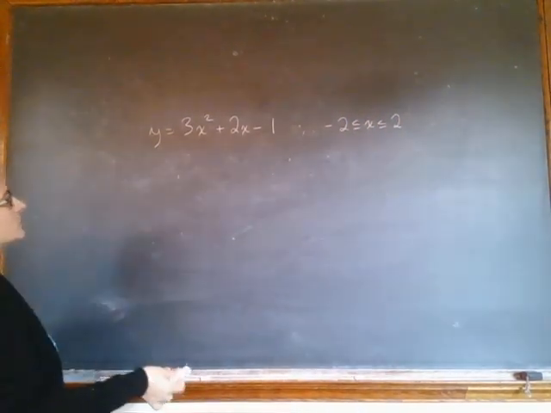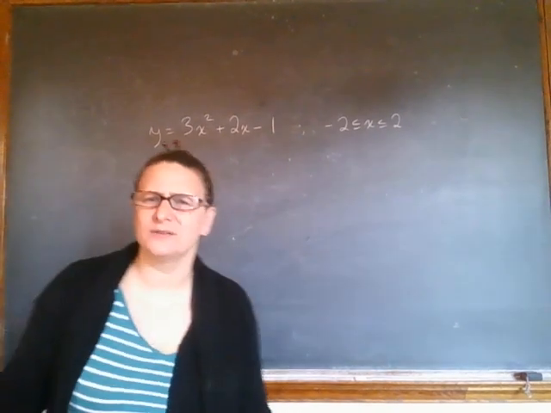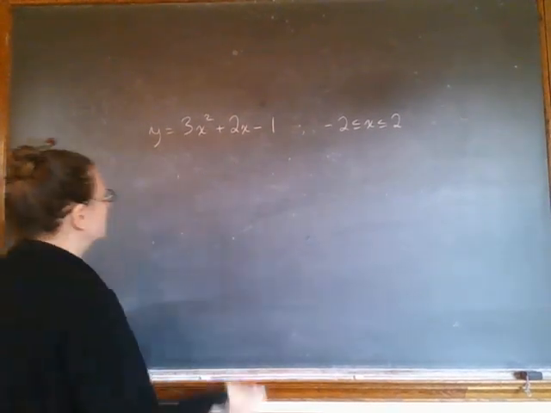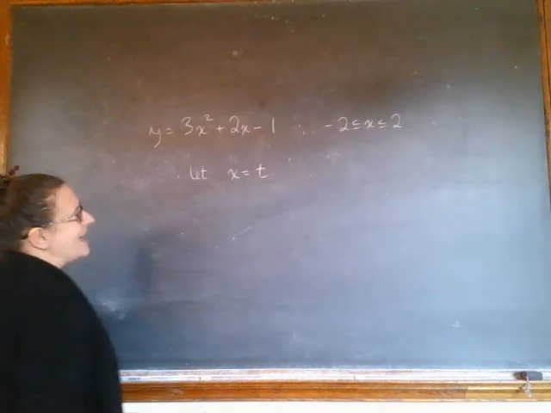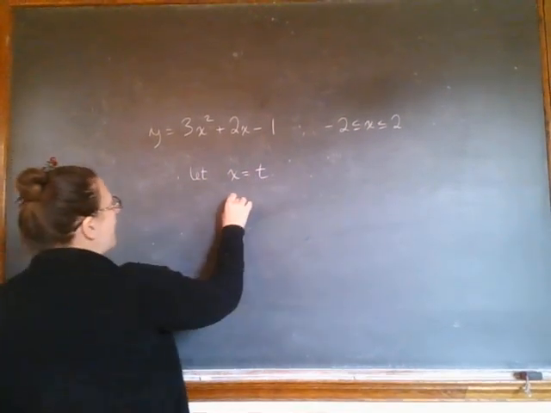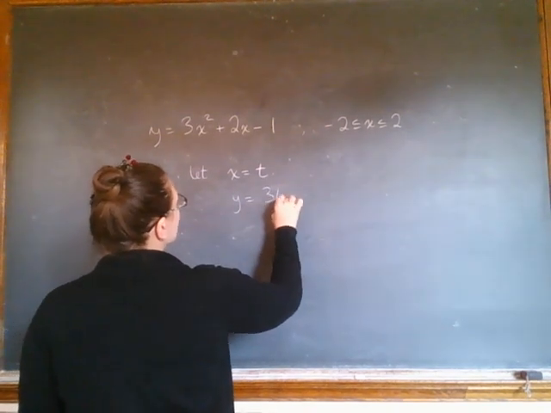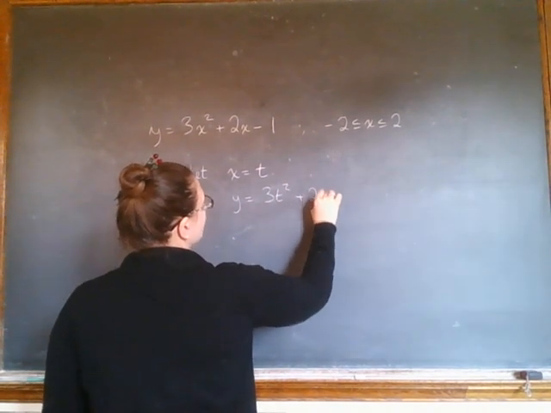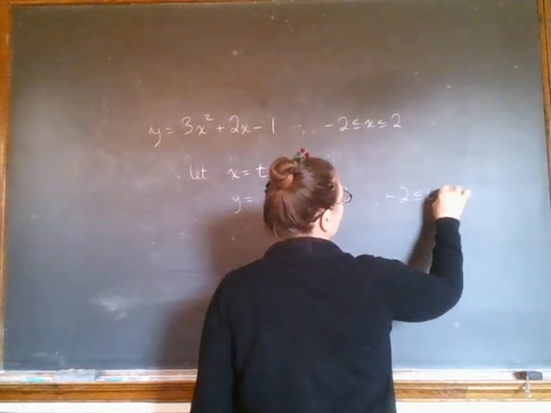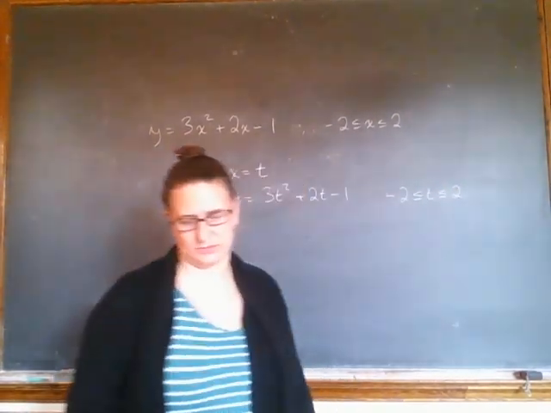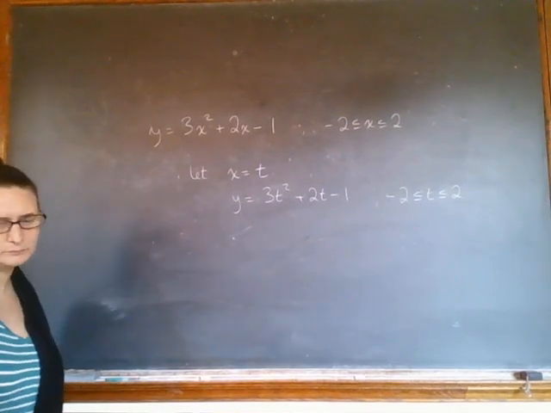Easiest way to parameterize, whenever you have y given as a function of x, easy. You just let x be the parameter. You let x equal t. Then y is 3t squared plus 2t minus 1. t goes from -2 to 2. Easy.